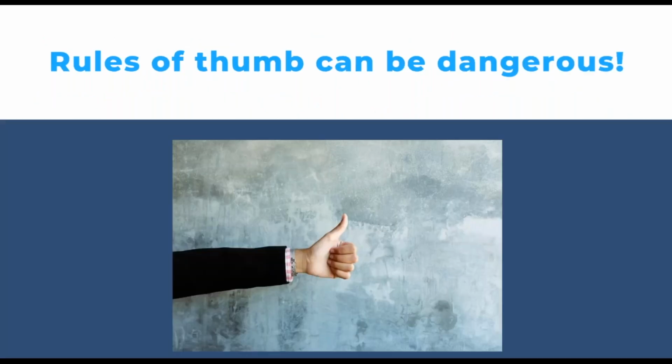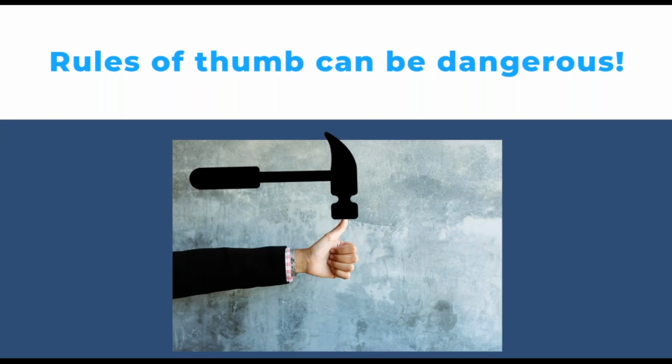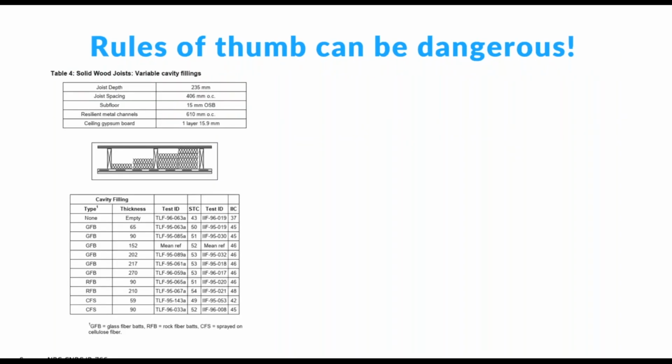All right, so rules of thumb and how they could be dangerous. Love my cheesy little animation there. The rule of thumb I'm going to talk about, just to use as an example, is insulation and the amount of insulation that you have. Within the acoustics community, at least, there's this general rule of thumb that if you've got a cavity, like a floor ceiling cavity or a wall cavity, with no insulation and you add some insulation, that's really good.